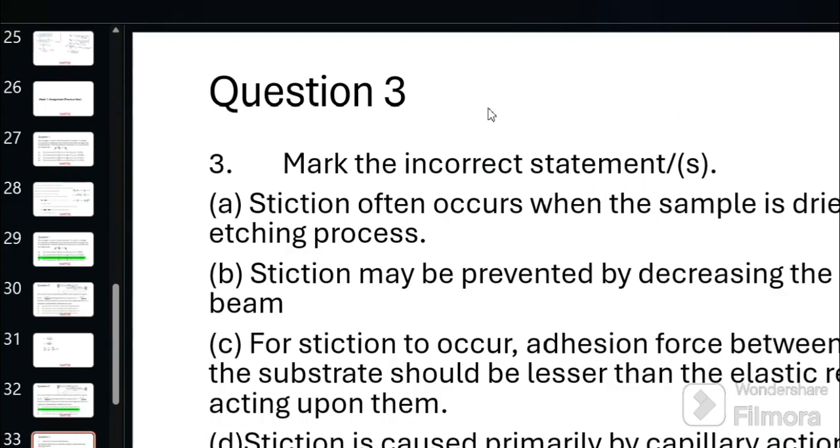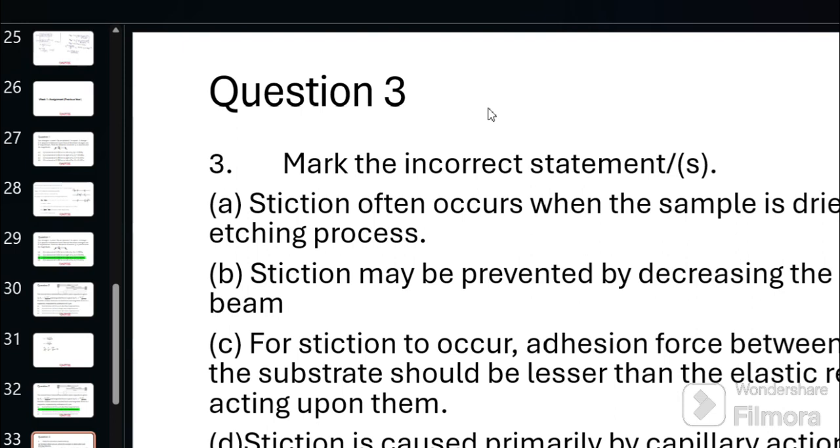Now coming to option 3: for stiction to occur, the adhesion force between the beam and the substrate should be lesser than the elastic restoring force acting upon them. No, it is actually the opposite. If the elastic restoring force is quite high, it can break the bonds.